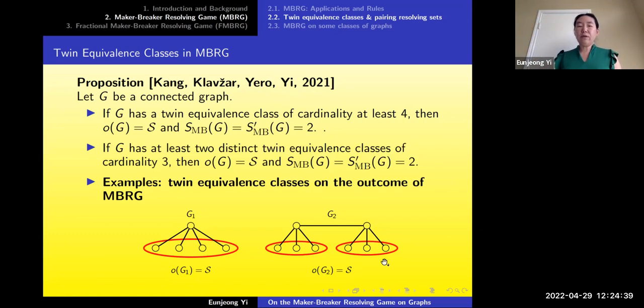If the spoiler plays first, he would just pick the first 2 vertices from either of them. If the resolver picks 1 vertex from one circled red group, then the spoiler can go to the other part and pick 2 vertices. So the first and second are the general results of the bullets. This would be important in characterizing the outcome of MBRG for any tree, in fact.